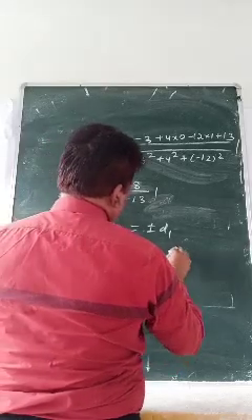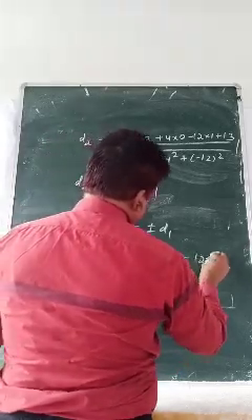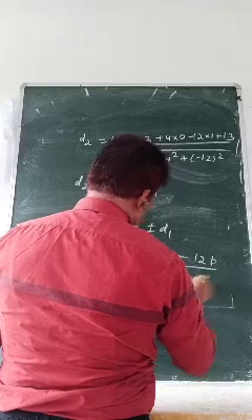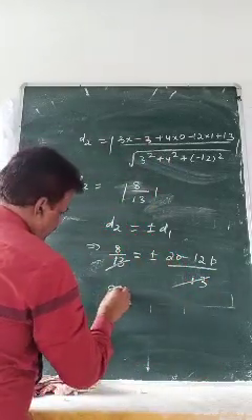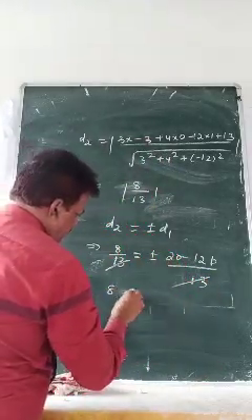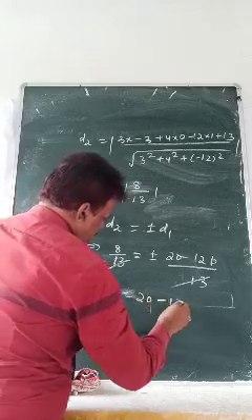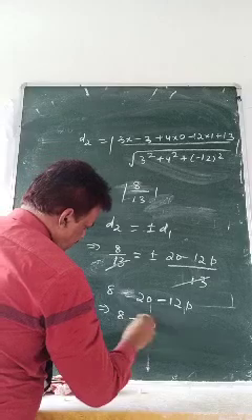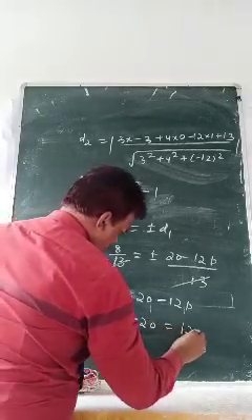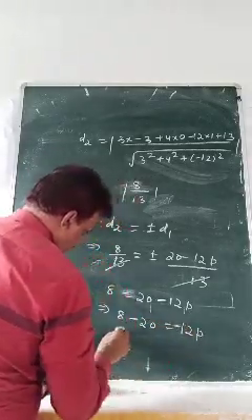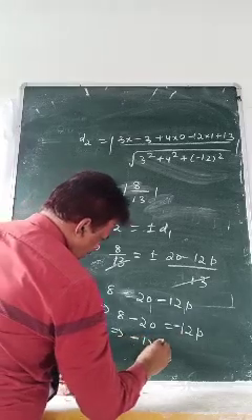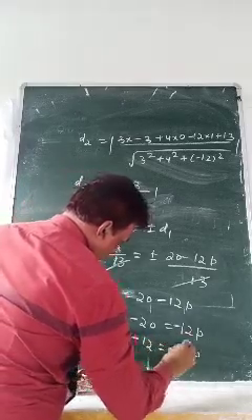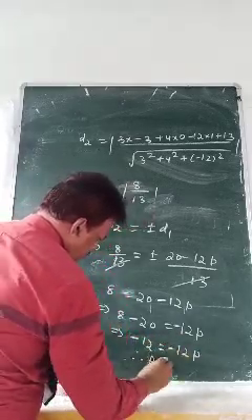D1 was how much? 20 minus 12p I think. So 8 equals 20 minus 12p. 8 minus 20 minus 12 is equal to minus 12p. P equals 1.